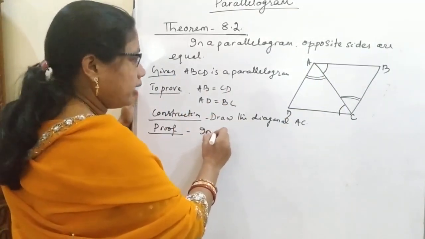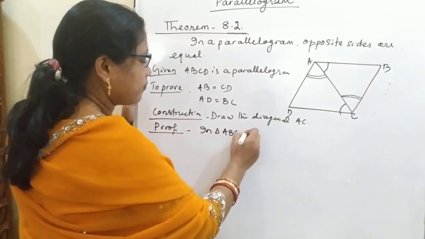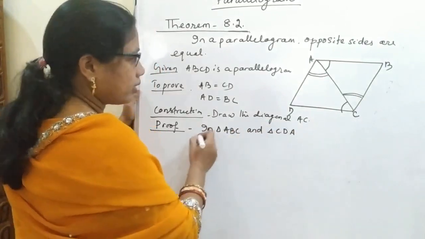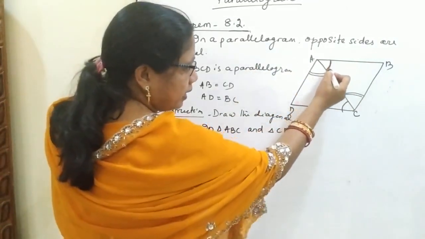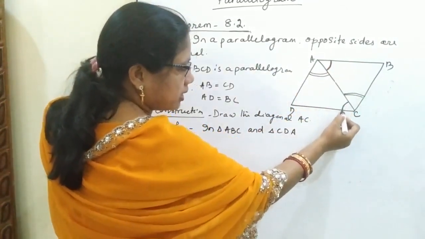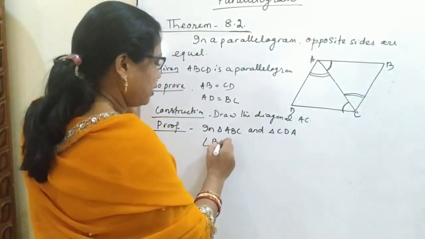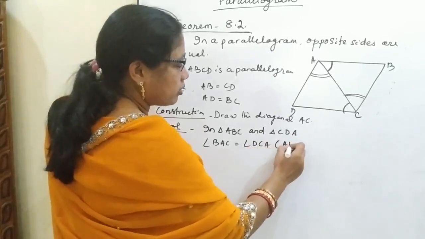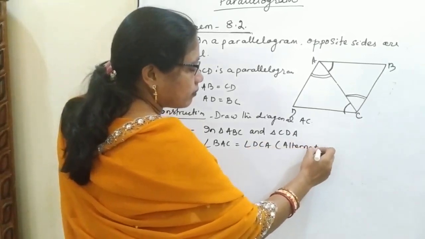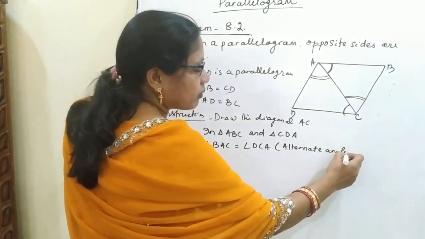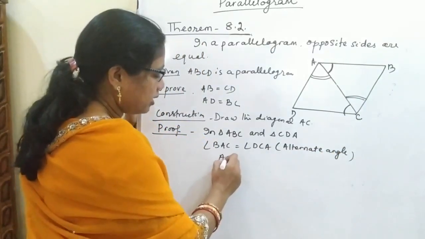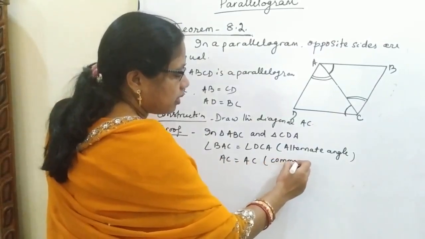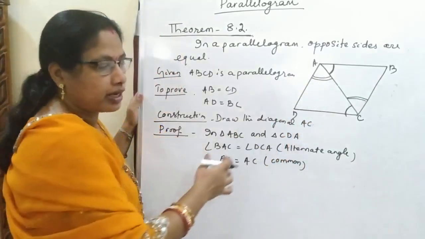So in triangle ABC and triangle CDA, angle BAC is equal to angle ACD, alternate angles. AC is equal to AC, AC is the common side to both the triangles.